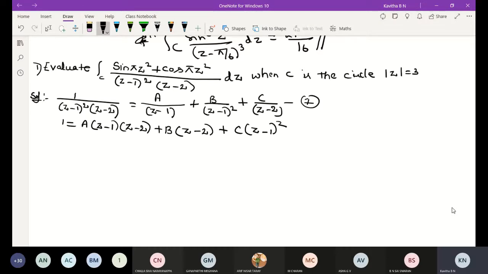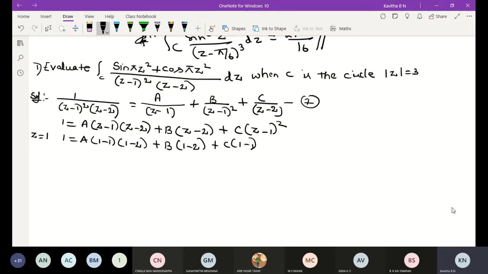Now find out the values of A, B and C. Put z = 1. What will happen? 1 is equal to A into (1 − 1)(1 − 2) plus B into (1 − 2) plus C into (1 − 1)².